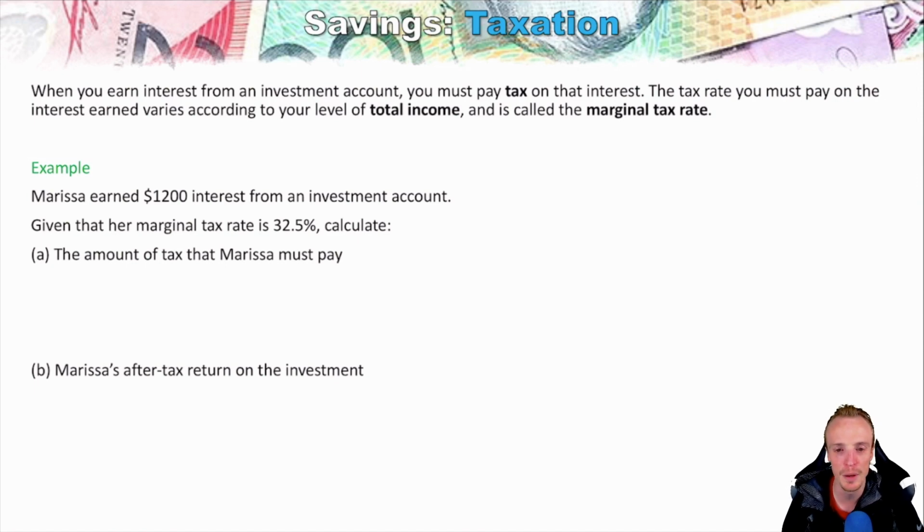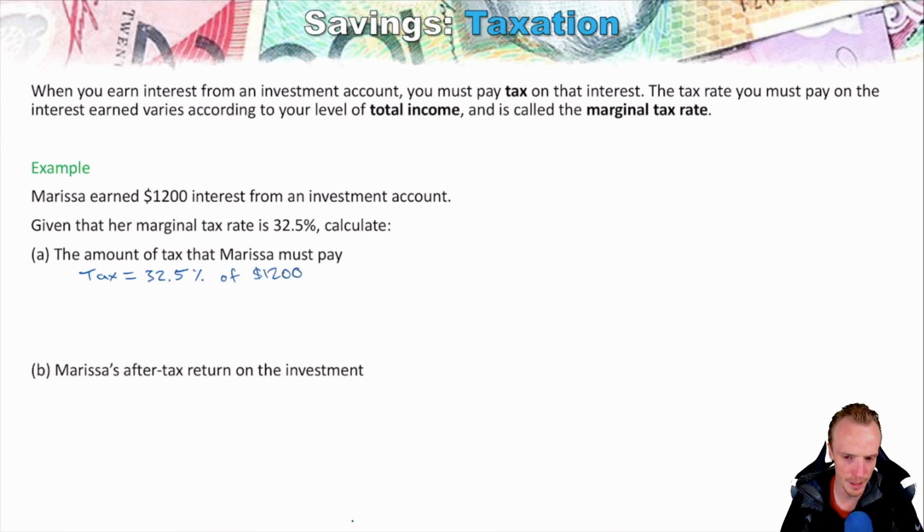So if we look at our example here, Marissa earned $1,200 interest, and that's really important here, the $1,200 interest that she's earned from an investment account. Given that her marginal tax rate, that's what's referred to as your tax rate, is 32.5%, calculate the amount of tax that Marissa must pay. Now, if we want to know how much she's going to pay in tax, it's a percentage of question, so it's going to be 32.5% of the $1,200.